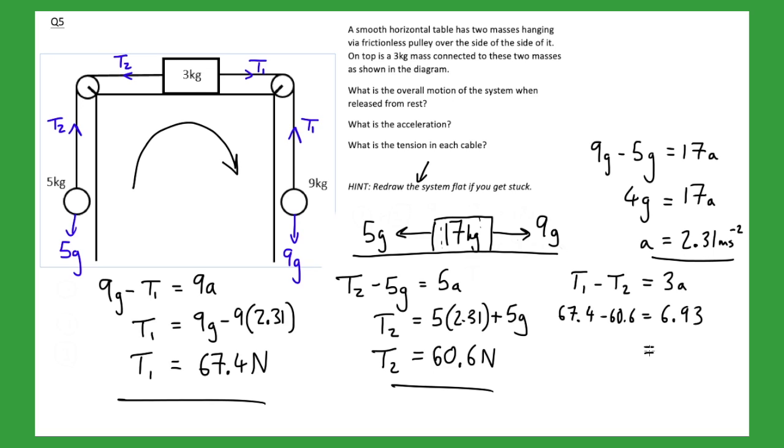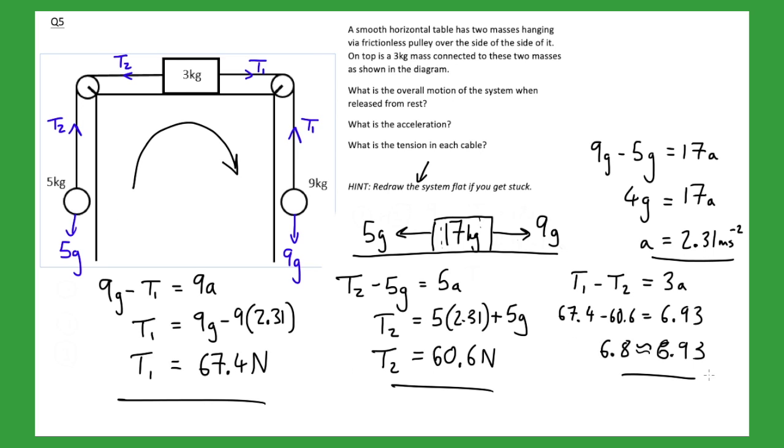T1 minus T2, so 67.4 minus 60.6, gives me 6.8. So we can see, even though we've rounded, I'm going to change these equal signs, there we go, we get roughly the same answer. It's just a little check to see that it works.